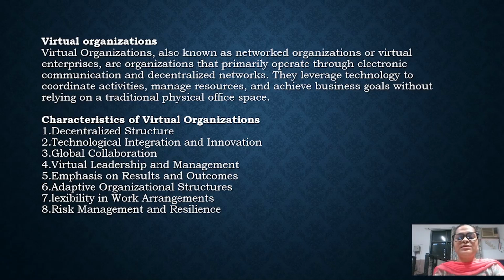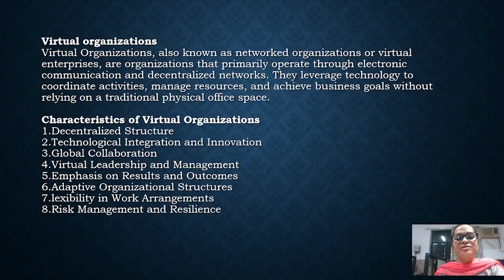Now, the next characteristic is adaptive organizational structure, which means that the virtual organizations operate as a network of interconnected teams, right? And here the individuals are not there in a hierarchical structure. This network approach facilitates agility, or we can say that it allows the organizations to respond quickly to market changes and opportunities.